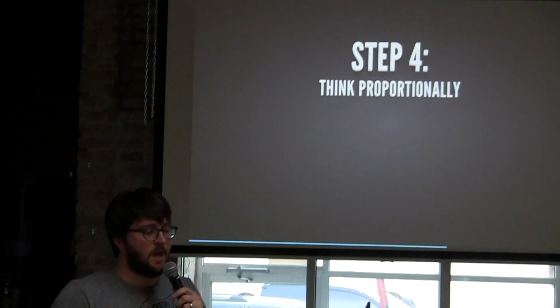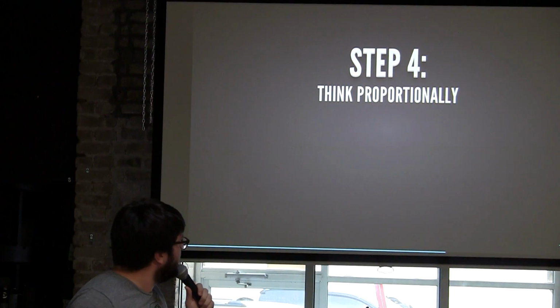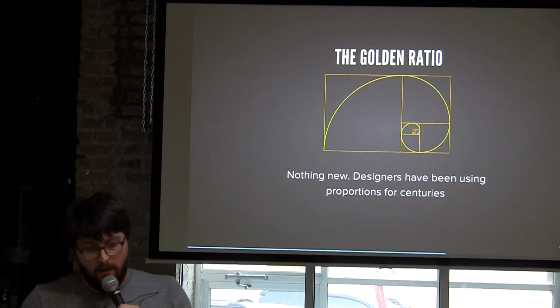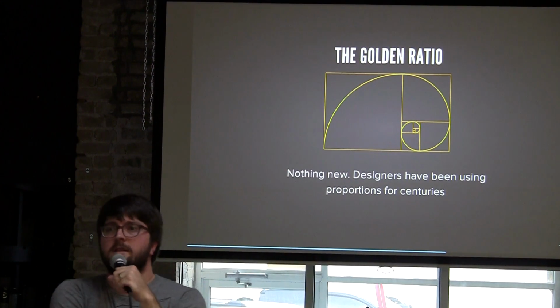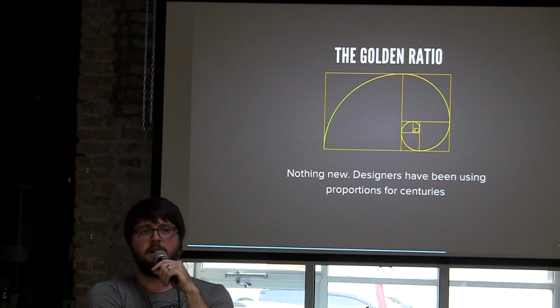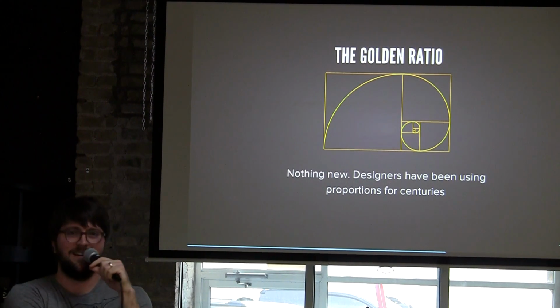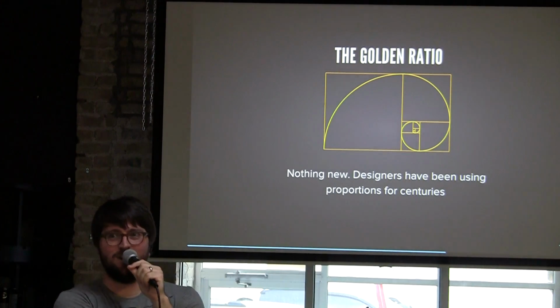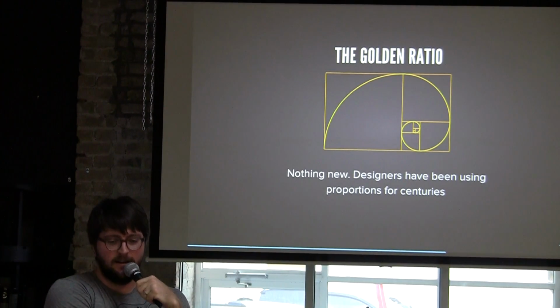Step 4, think proportionally. This is where it all kind of locks in. This is the golden ratio. I'm sure you designers are all like, I know that, I've seen that, it looks like a conch shell or whatever. It's wonderful. It's innate beauty.